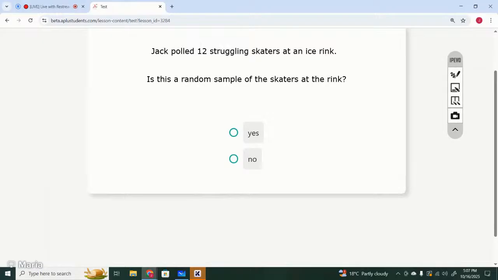Jack pulled 12 struggling skaters at an ice rink. Is this a random sample of the skaters at the rink? The 12 struggling skaters are different than the others. So no, that is not a random sample.